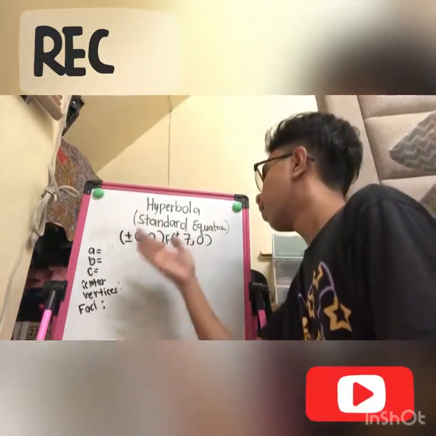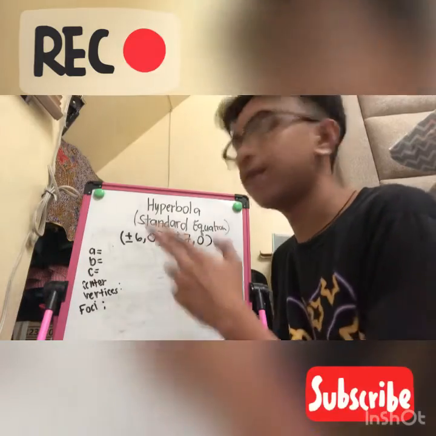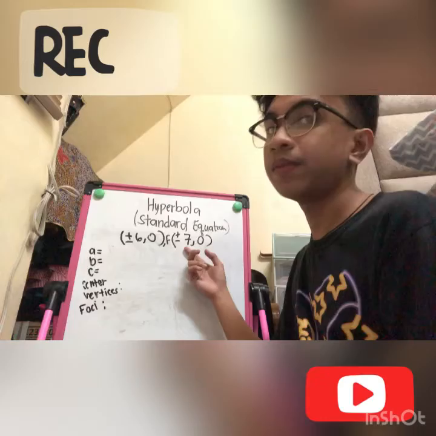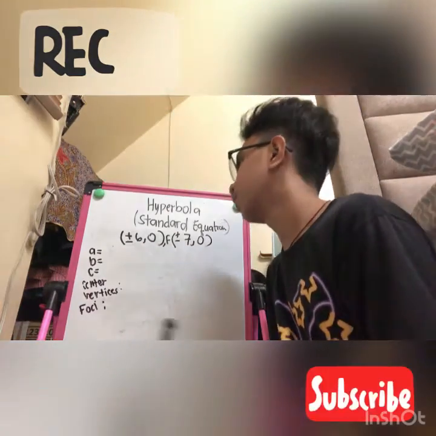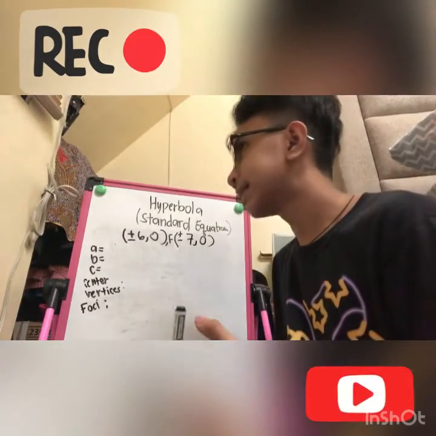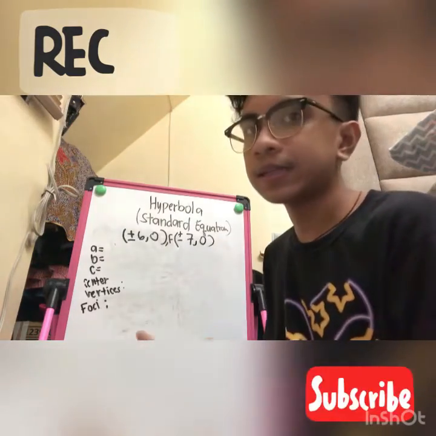With the vertices at coordinates (positive and negative 6, 0) and the foci at (positive and negative 7, 0). Remember I said before that a is the distance between the center and the vertices.